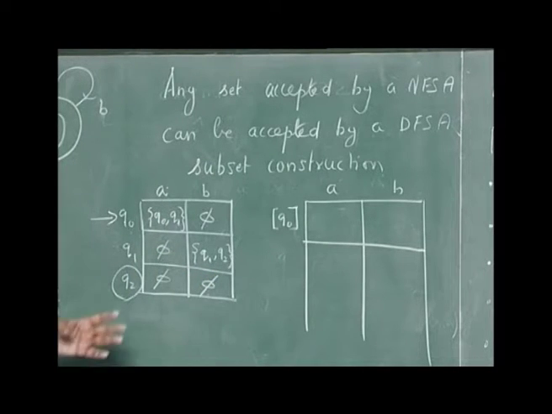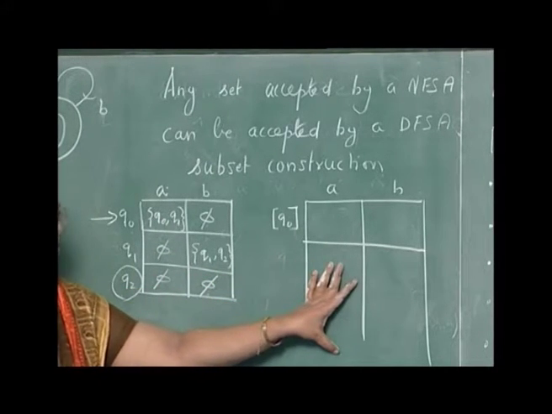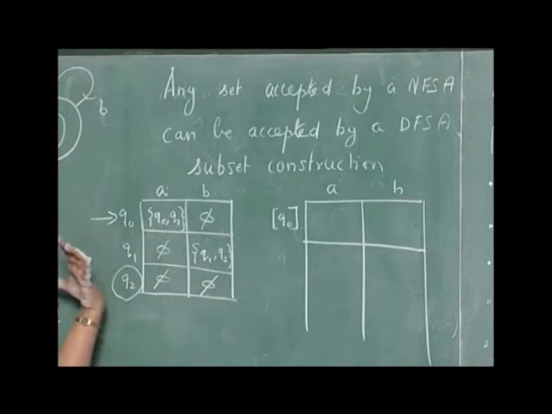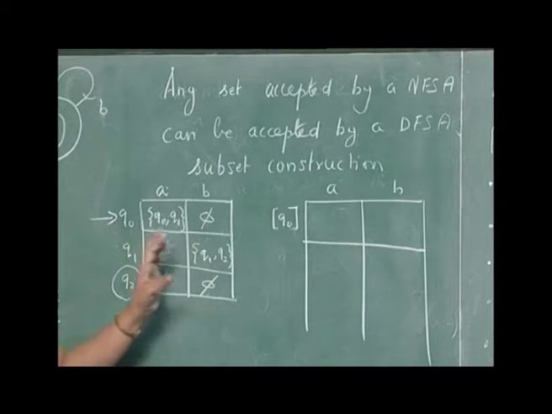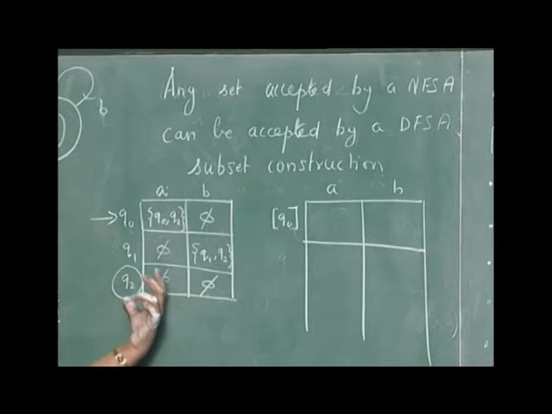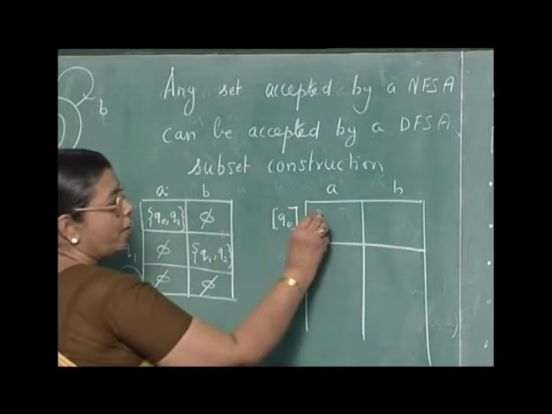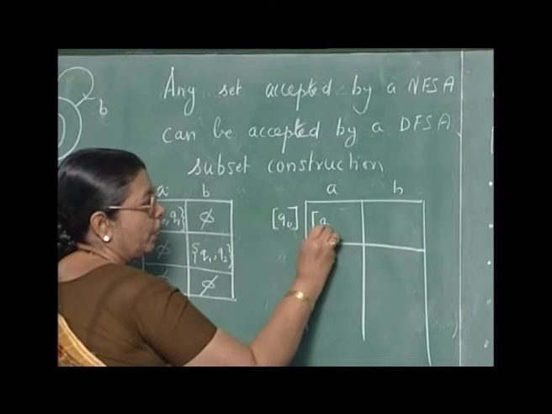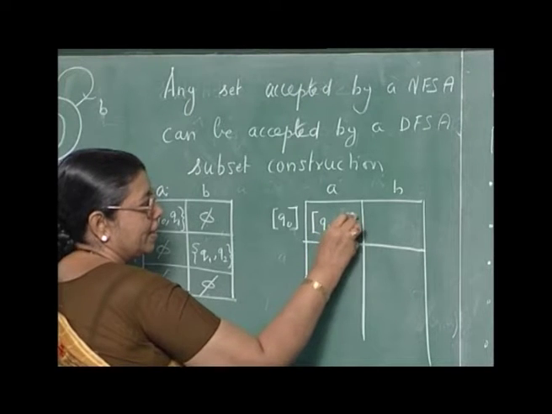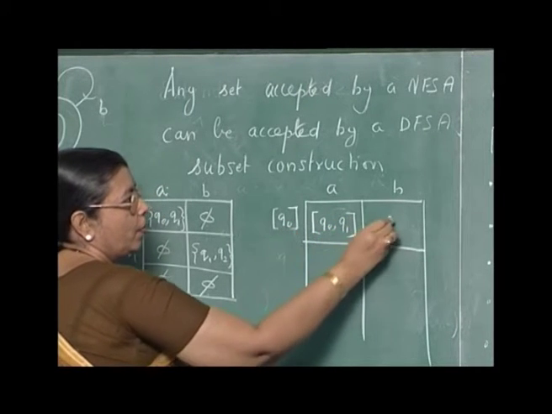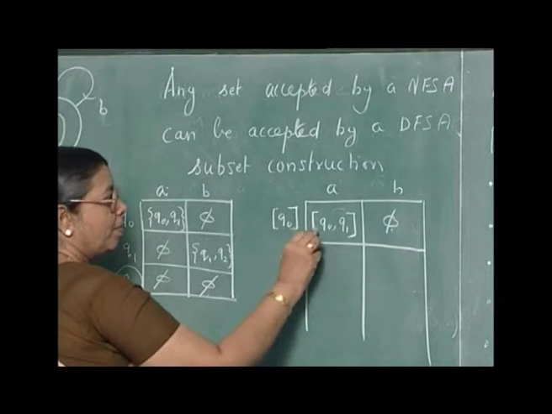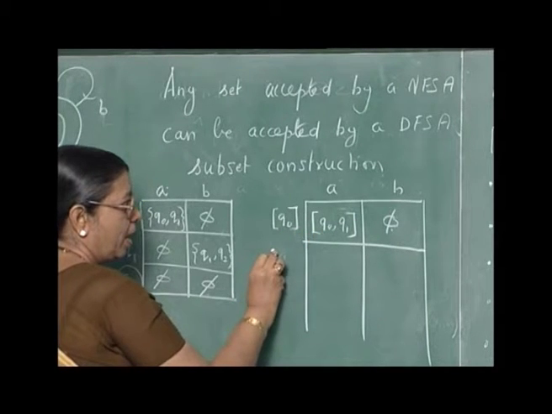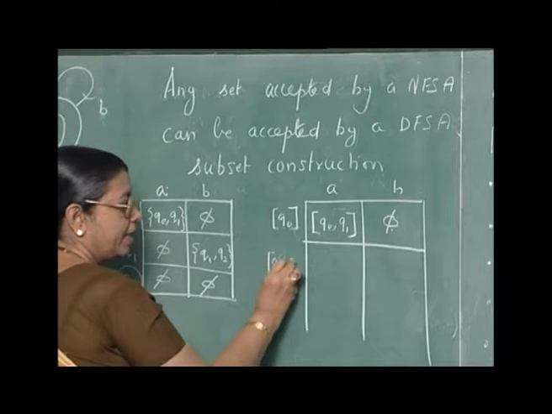Actually, you try to construct a deterministic automaton where corresponding to each subset you will have a state here. So, for each subset of the non-deterministic machine there will be a single state here. So, from q naught if you read a you can go to q naught, q1, that is written like this, and if you read b that is phi, then from q naught, q1, consider this.